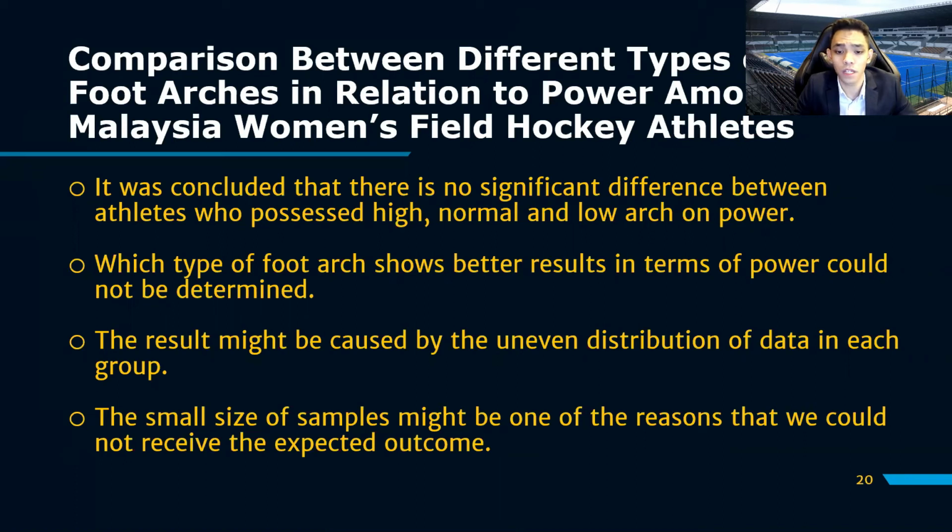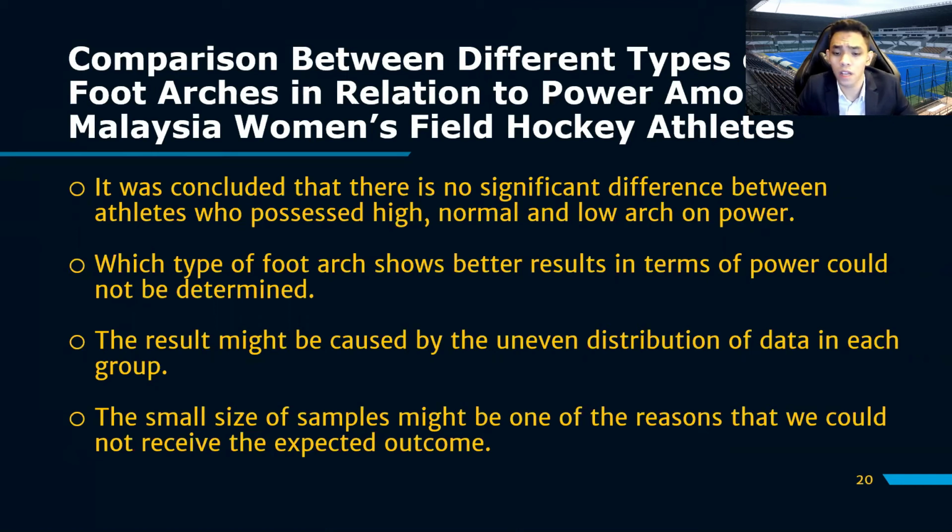Although power is influenced by many factors, there are studies that prove that the arc height index of athletes can actually affect power. But based on the outcome of this study, it was concluded that there is no significant difference between athletes who possess high, normal, and low arc on power. Hence, which type of foot arc shows better results in terms of power could not be determined.